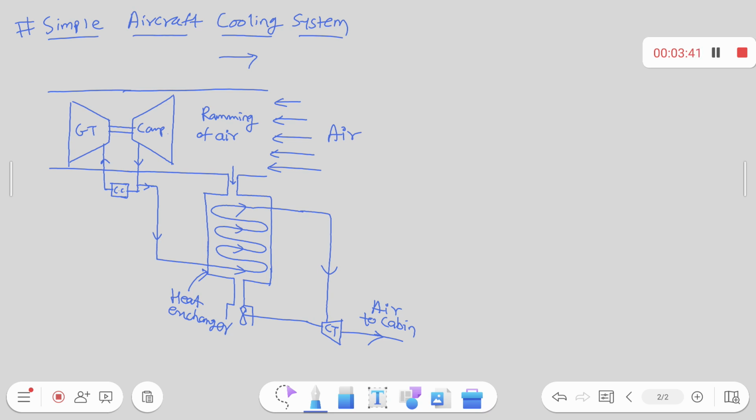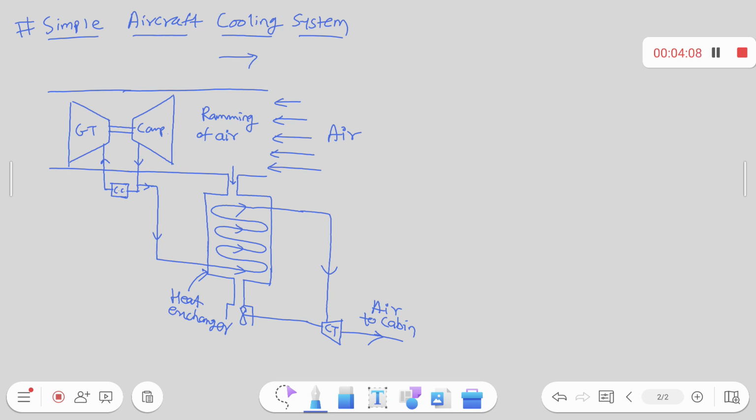Our part is refrigeration, cooling, right? Now some air from the compressed air, we are bleeding off. Some part of that air we are taking and sending to the heat exchanger for cooling. And for cooling of the air, we are using the rammed air, whose temperature is comparatively lower than that of the compressed air, right? Then after cooling, this air we are sending to the cooling turbine. In the cooling turbine, the air will get expanded.